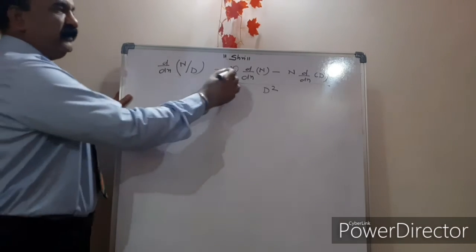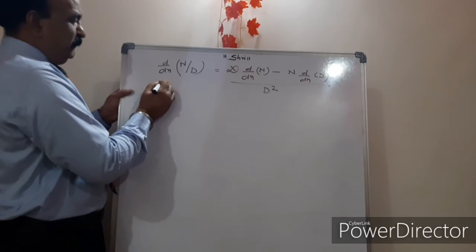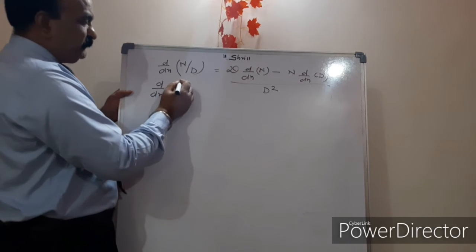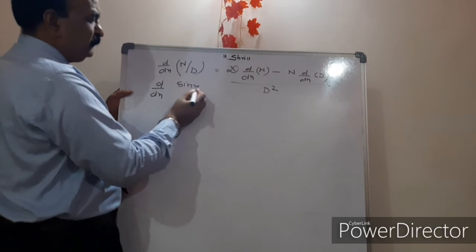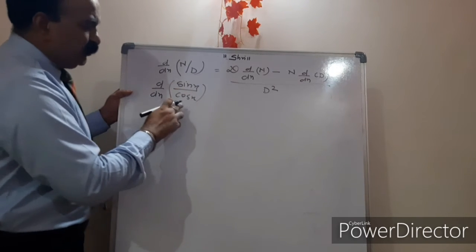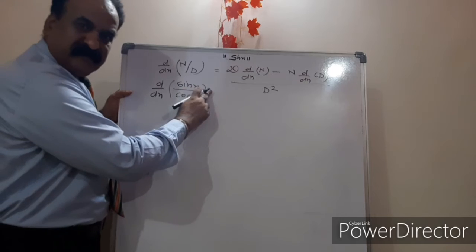So how to find the differential coefficient? Let us see. If I ask you d/dx of tan x, tan x can be written as sin x upon cos x. The denominator is cos x and the numerator is sin x.